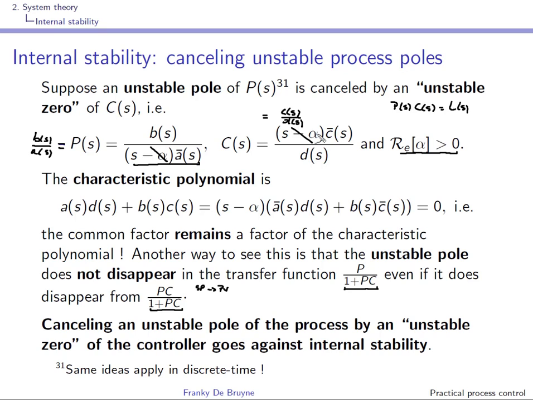So let us compute this transfer function. By the way, this is the transfer function from the load disturbance to PV.